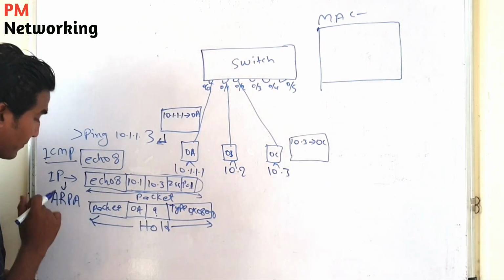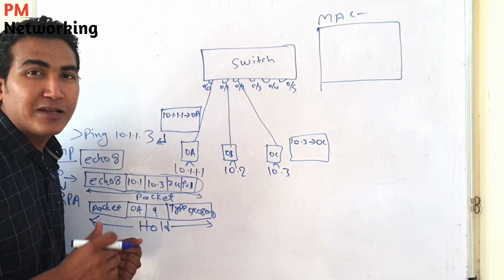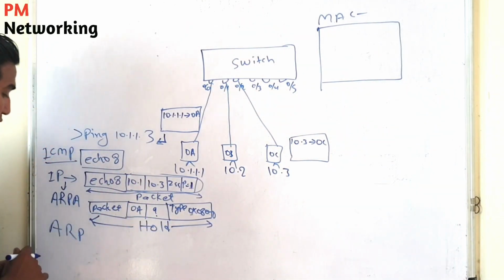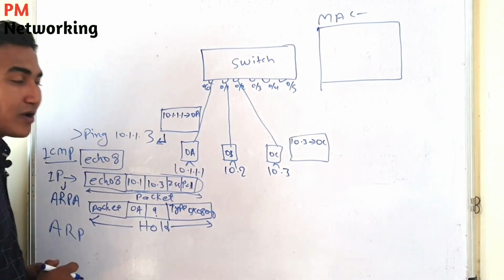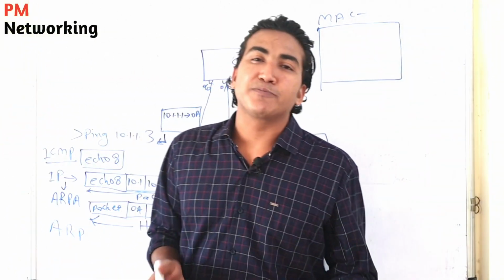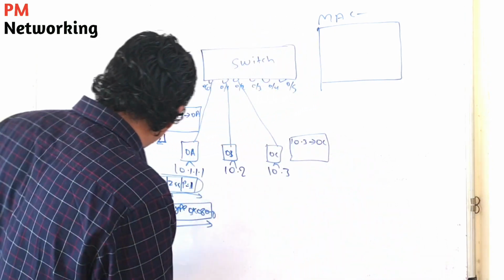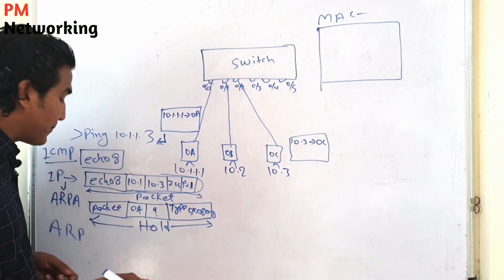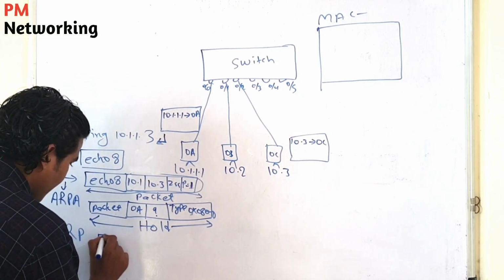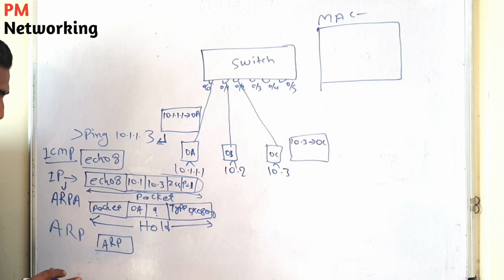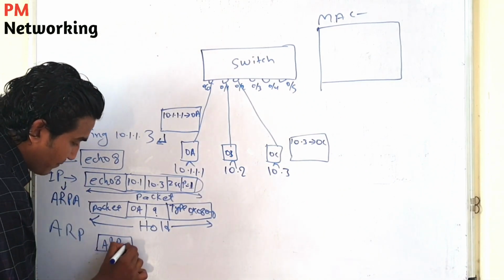Now what will the ARPA protocol do? The ARPA protocol will call the ARP protocol. Now what will the ARP protocol do? The ARP protocol is responsible for finding a MAC address from an IP address. So the ARP protocol will generate an ARP request, where the value will be 1.